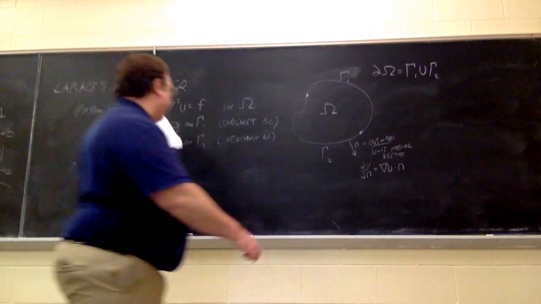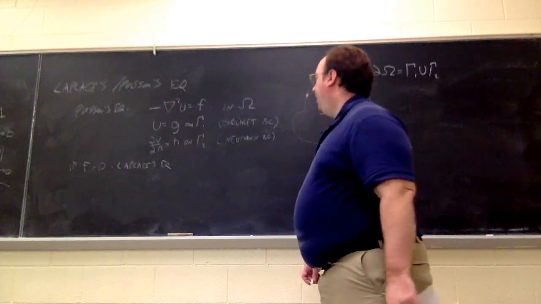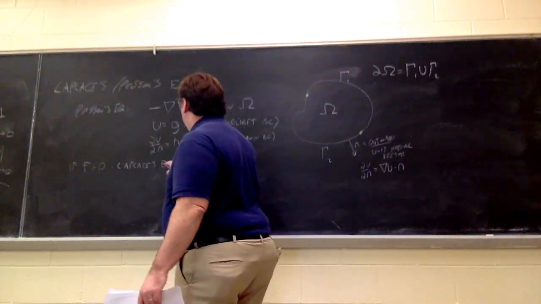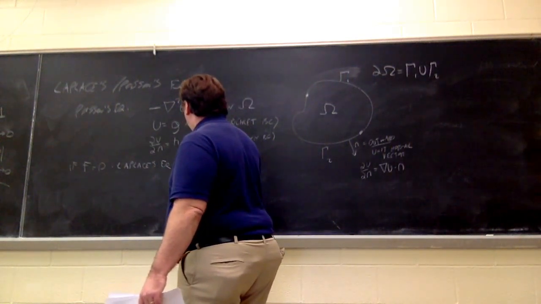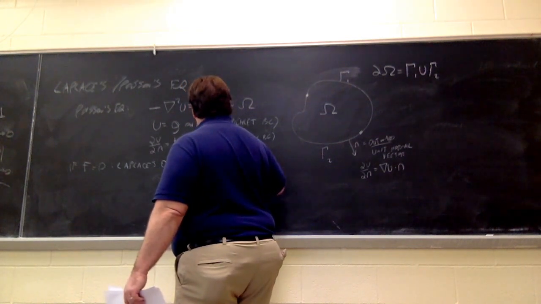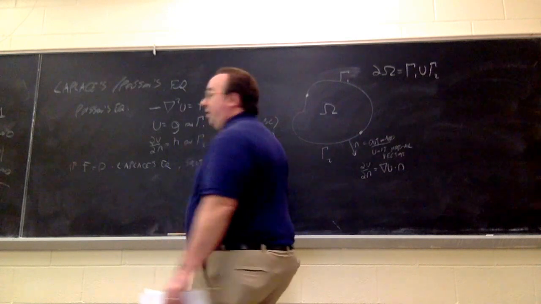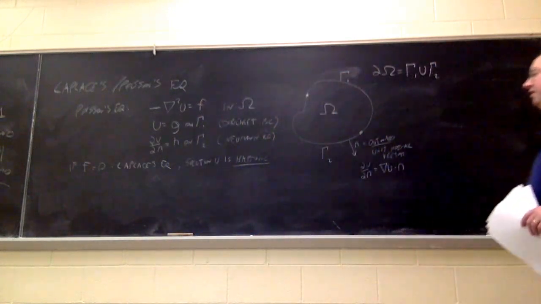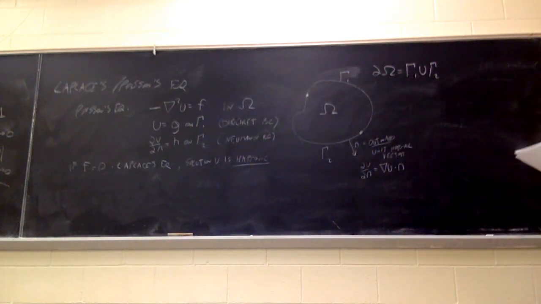And we could have the same boundary conditions if we want. And in that case, for Laplace's equation, the solution u is said to be a harmonic function. That's just for Laplace's equation, not Poisson's equation.